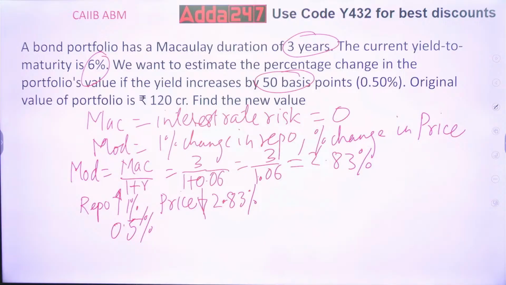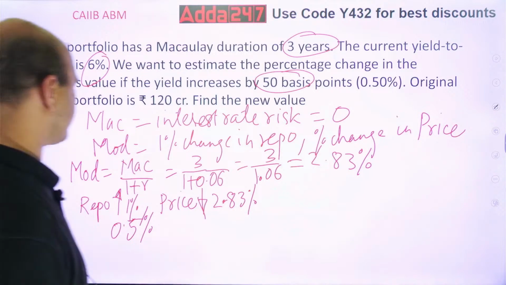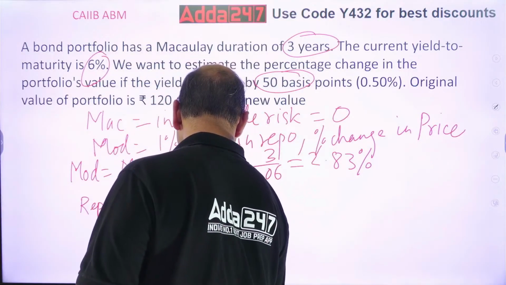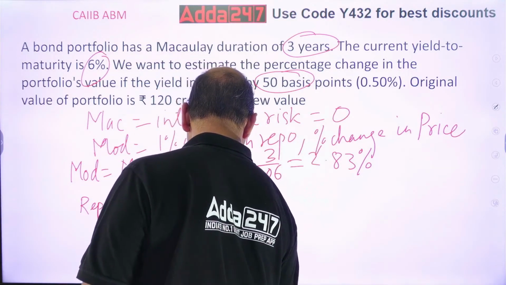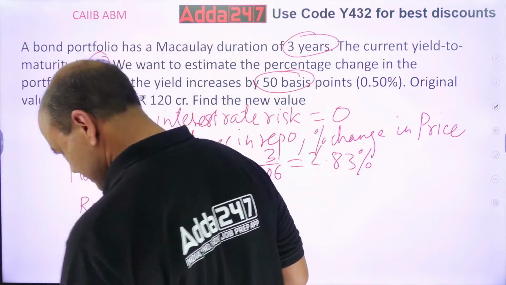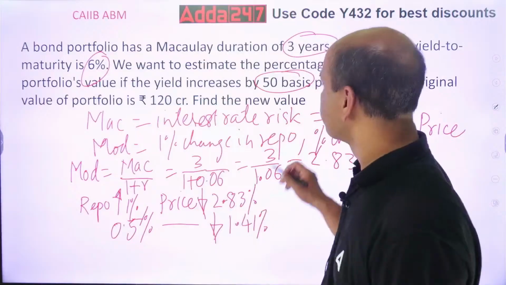What are you getting? 1.41? Are you getting 1.41, everyone? So price will fall down by 1.41%.